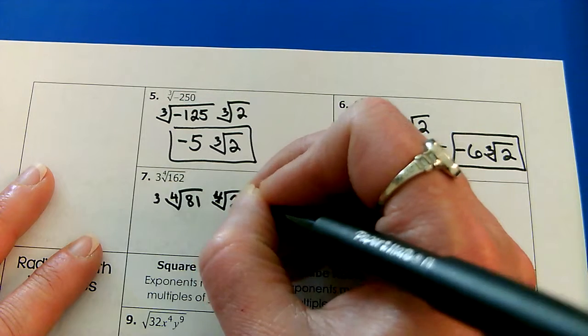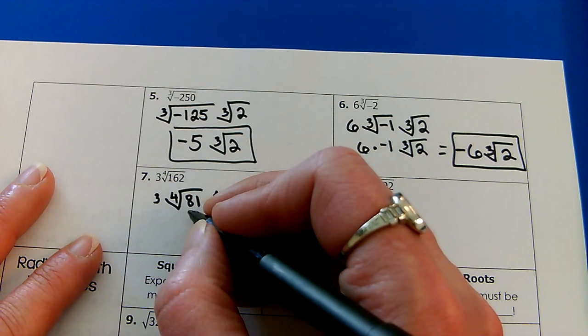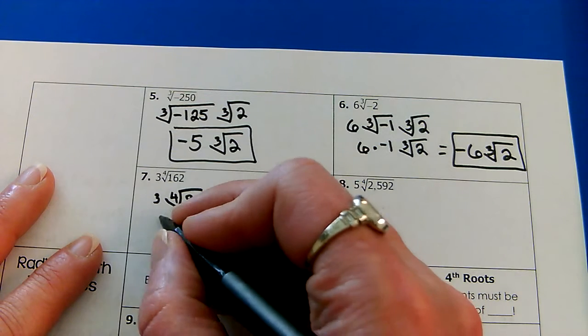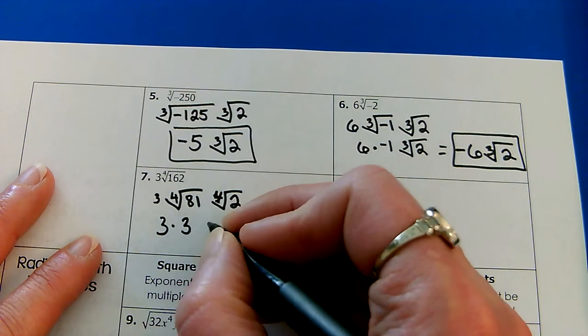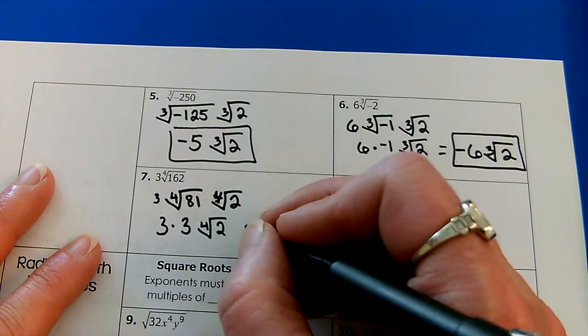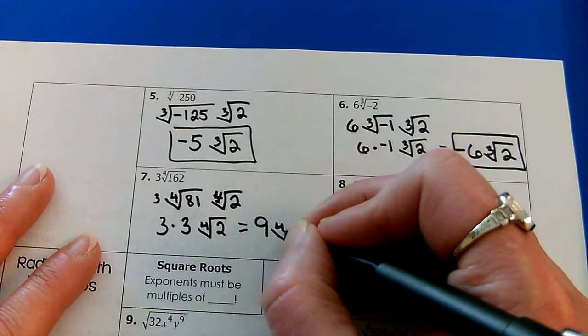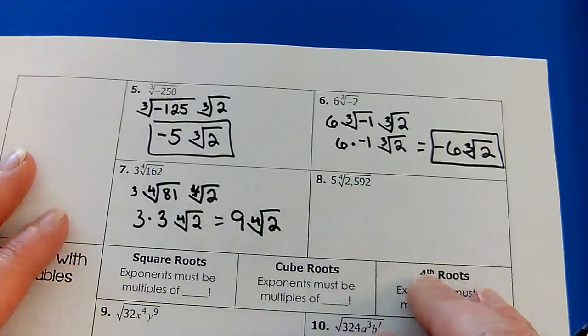Fourth root of 2. 81 times 2 is 162. The fourth root of 81 is 3. So I've got 3 times 3, fourth root of 2. 3 times 3 is 9, fourth roots of 2.